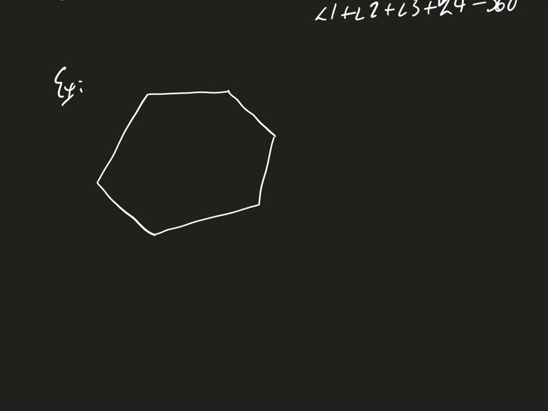So that's our 6-sided hexagon. And what I'm going to do then is create exterior angles by extending sides past their vertex. I'm just going to continue to do that all the way around. So we've created 6 exterior angles.